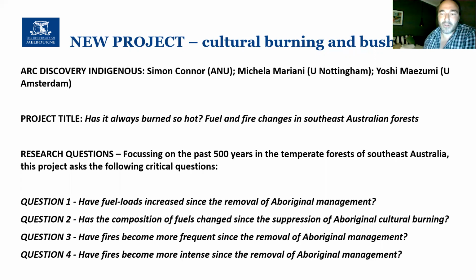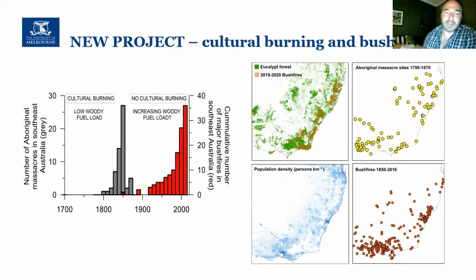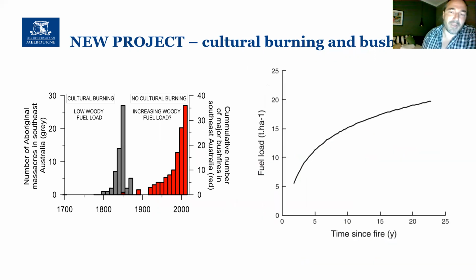So we're looking at pollen calibrations with vegetation, FTIR to get at temperature of fire on a series of records spanning the last 500 years, recognising that if you compare massacre data of Aboriginal people in Southeast Australia, it virtually discretely overlays where the catastrophic bushfires have occurred a few decades following the end of these last massacres. And if you compare that to fuel accumulation in these forests, you can see there's almost a linear rate of fuel accumulation following time since last fire in these forests.